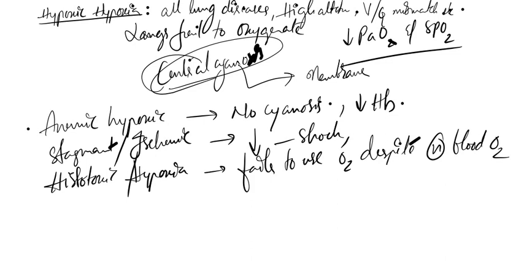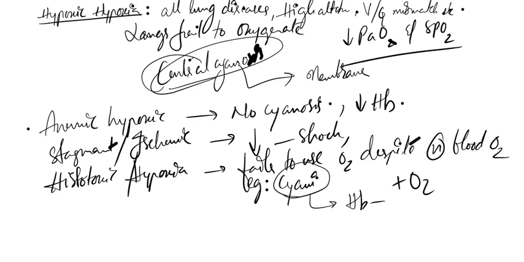For example, you can see this in conditions like cyanide toxicity. Why? The cyanide binds with hemoglobin, forming cyanoglobulinemia. So the cyanide component binds with the hemoglobin, thereby preventing it from binding to oxygen.